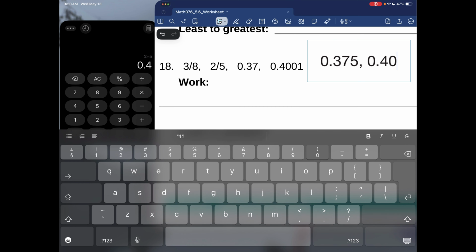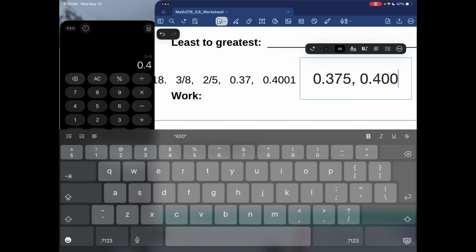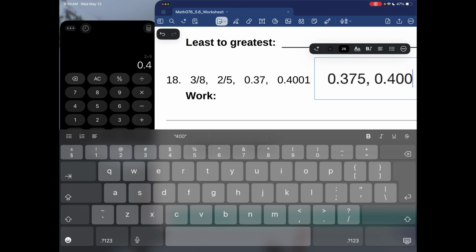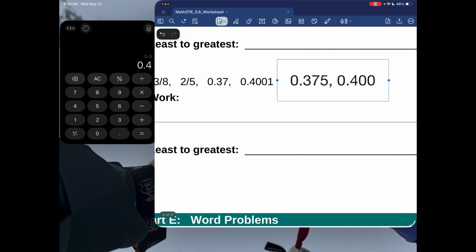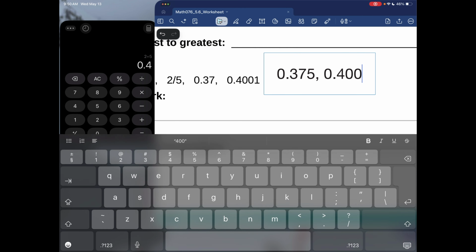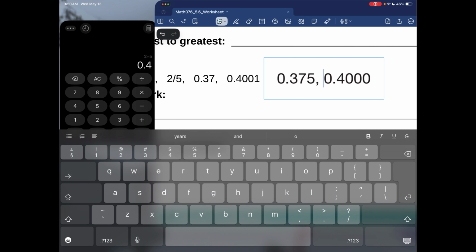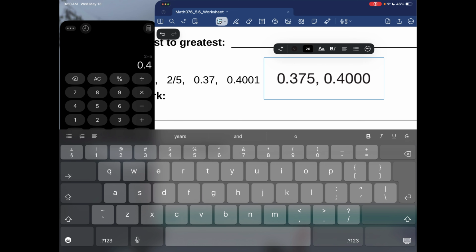And I notice here I've got this 0.4001. That has 4 decimal places, and over here I've written them with just 3. So I need to go back and add an extra decimal place onto each one so that they will match.